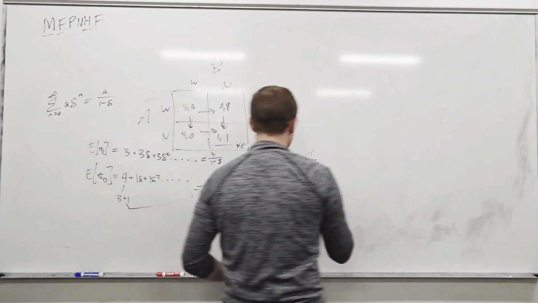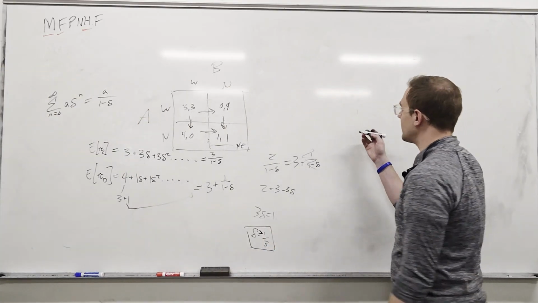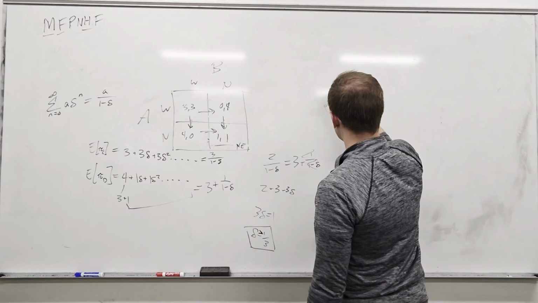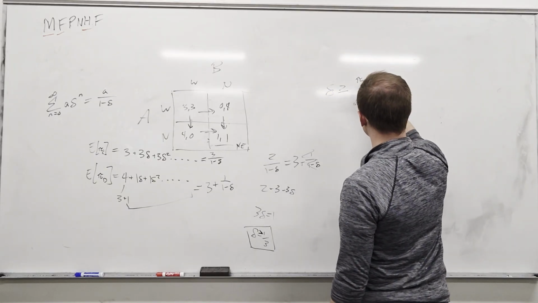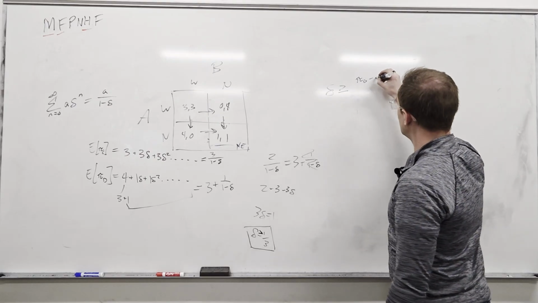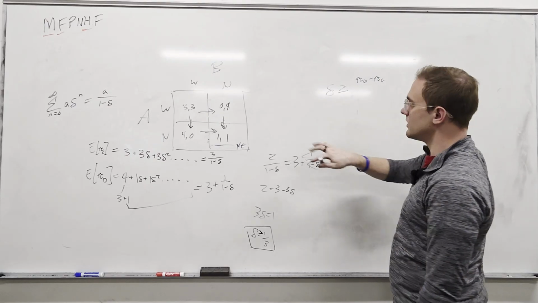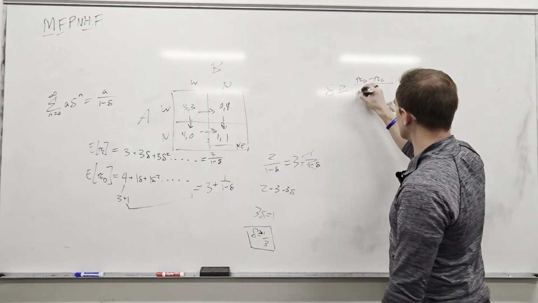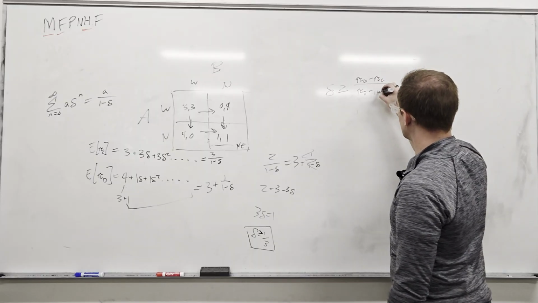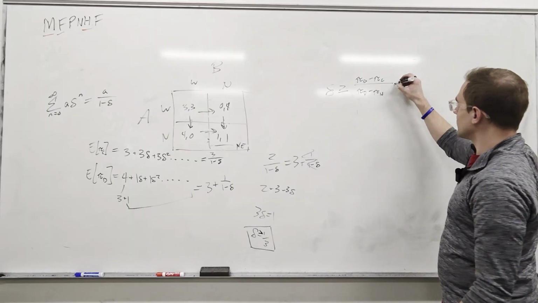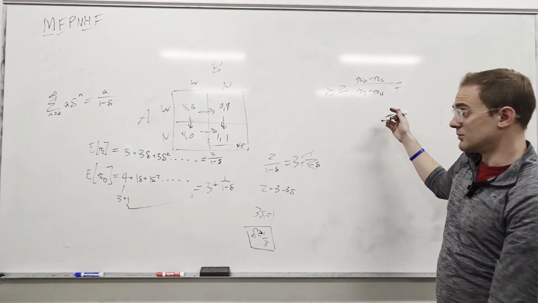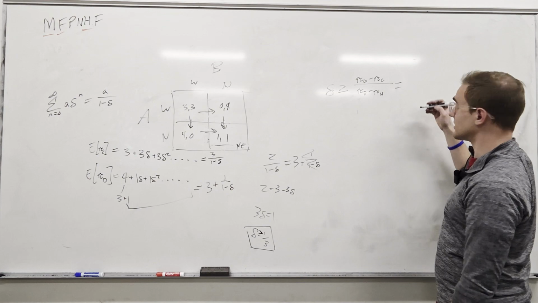There's actually an easy shorthand way to do this, which I kind of like, where your delta has to be greater than or equal to your payoff of deviating minus your payoff of colluding, and these are first time period numbers, over your payoff of deviating minus your payoff of Nash. So you can just solve this with first period numbers and you don't have to use the geometric series, technically.